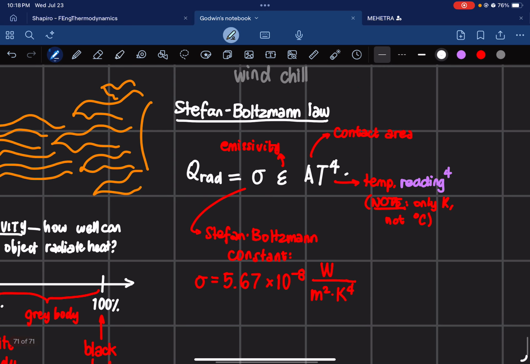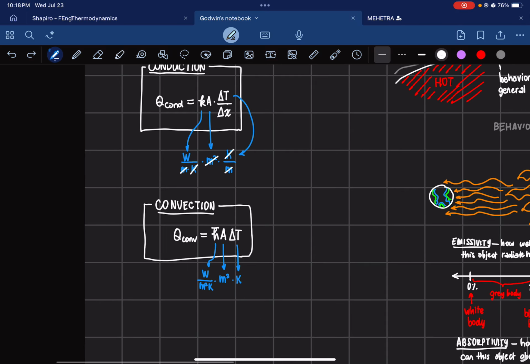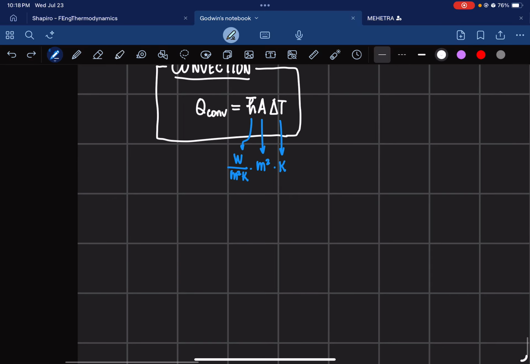Actually, there are extra terms after this, things like view factor, but for now, let's just teach you the basics. So now we have all three: conduction, convection, and finally, radiation. We will have Q rad equal to, oops, mistake, T to the fourth.